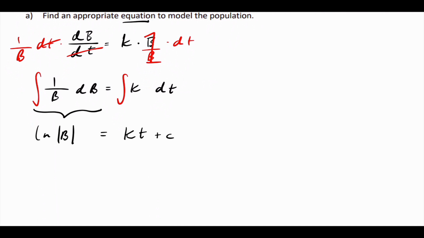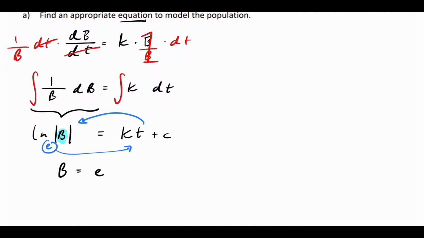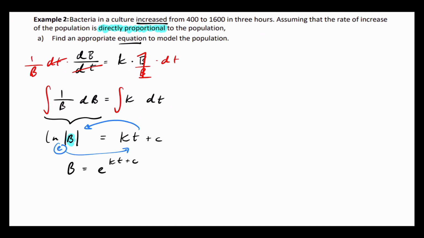We're not solving for y, we're solving for b this time, right? That's the letter we're choosing. So b is going to equal what? There you go. E to the k t plus c. That's the generic or the general solution, however they talk about it.